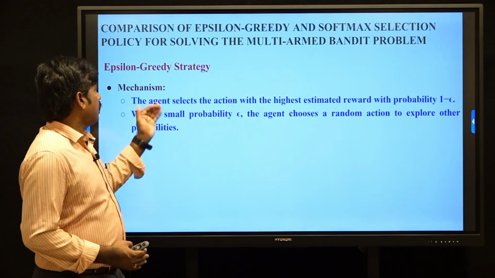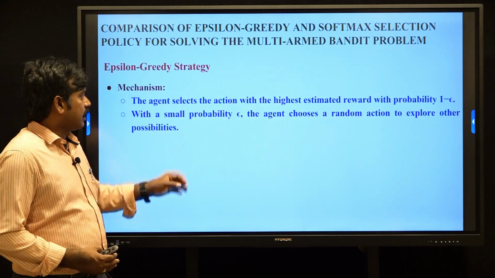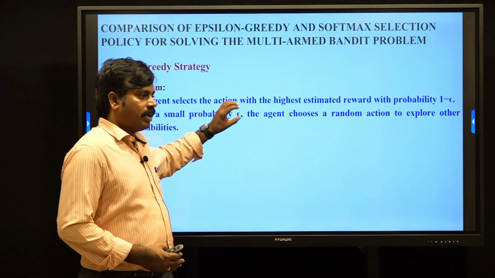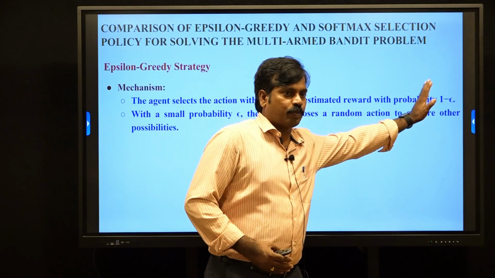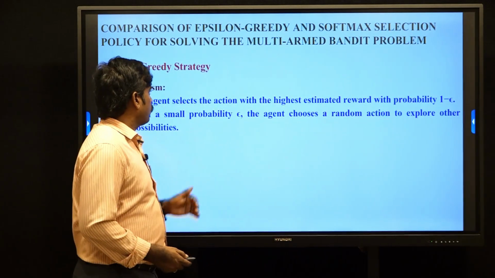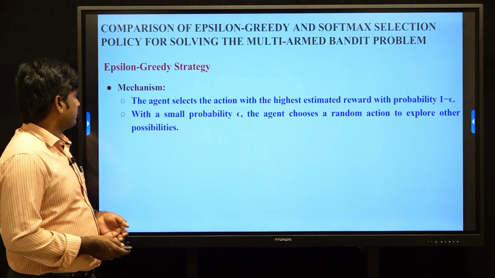So we balance exploration and exploitation in the Epsilon-Greedy approach. We take epsilon as the probability of exploration and 1 minus epsilon for exploitation. These two are used in the Epsilon-Greedy mechanism.